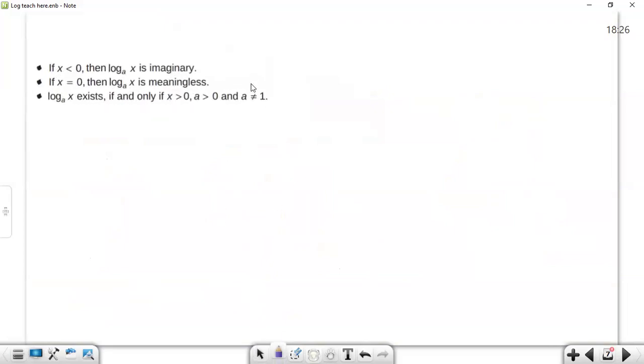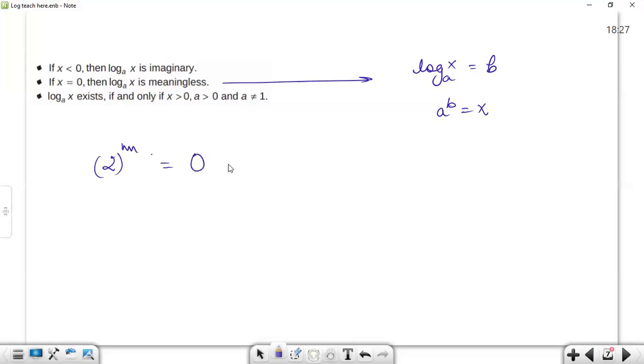Now the second point says, first let's forget about the second point. Here we considered logarithm of x to the base a is giving b. So a raised to power b is x. Now tell me, for 2 raised to power any real value, will it ever become 0?